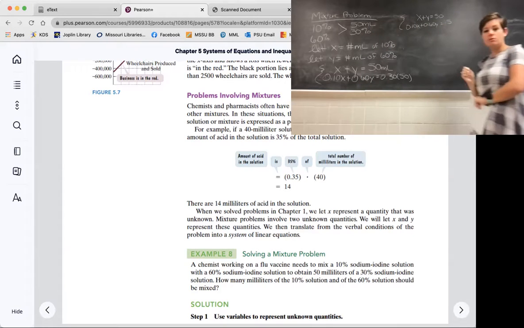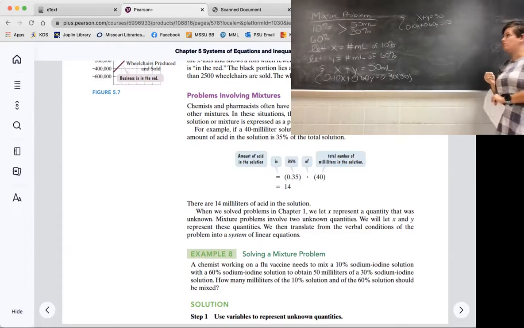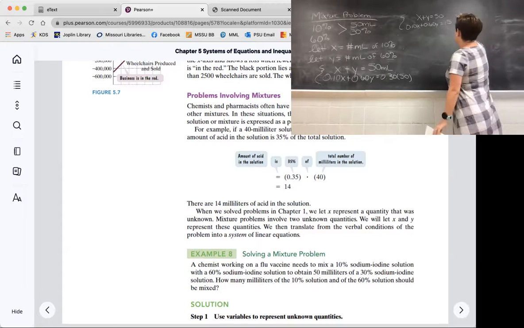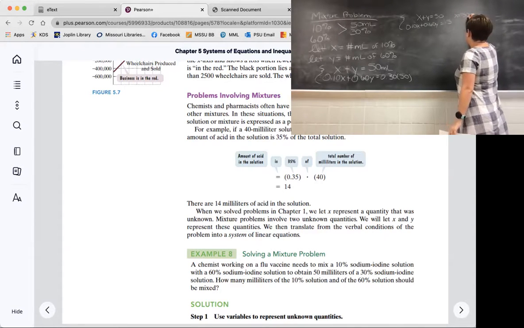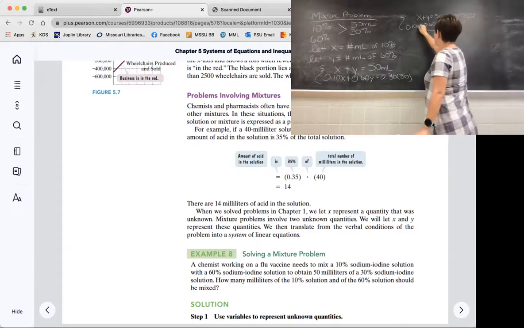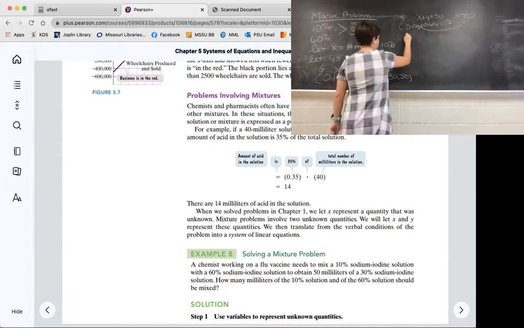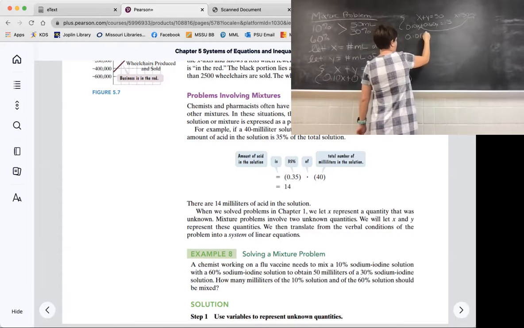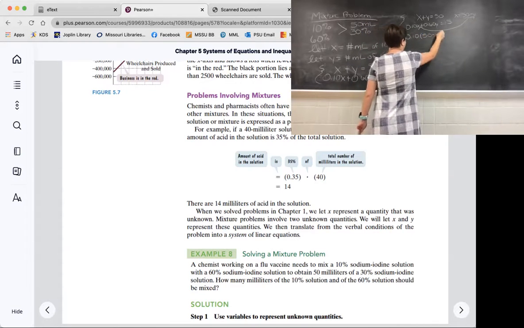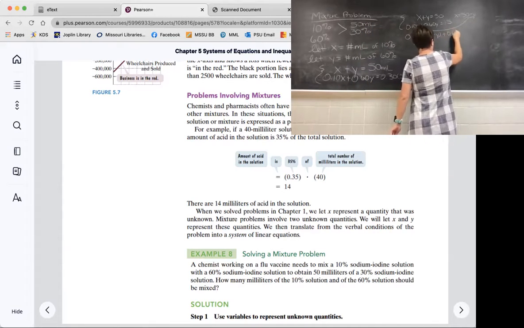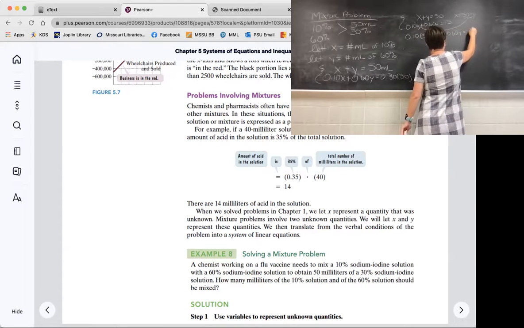Now you can use the addition method or you can use the substitution method. Since our top equation is so nice, I'm going to solve for one of my variables and do the substitution method. I'm going to say X equals 50 minus Y, and then plug that into my second equation in terms of X. So I get 0.10 times the 50 minus Y plus 0.60Y equals 15.